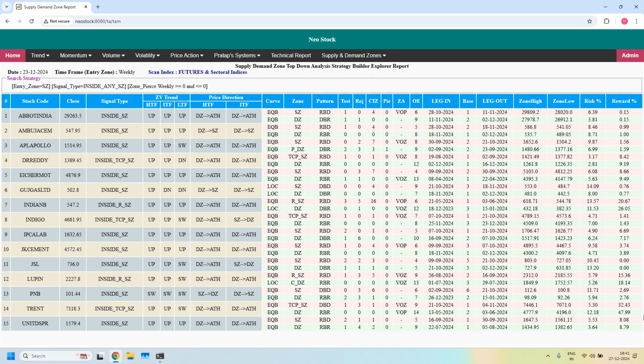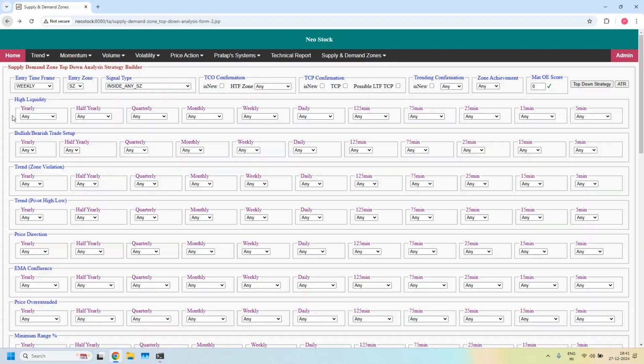We can further filter this list by adding the high probability parameter weekly EMA Confluence. So in the EMA Confluence parameter at weekly time frame, I am setting the filter weekly supply zone having weekly EMA Confluence. And EMA Confluence should be used only in the trending market but not sideways.